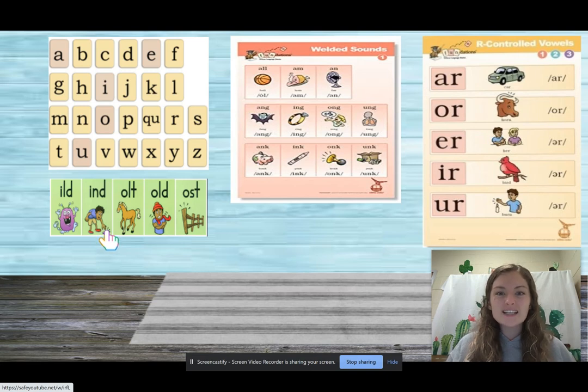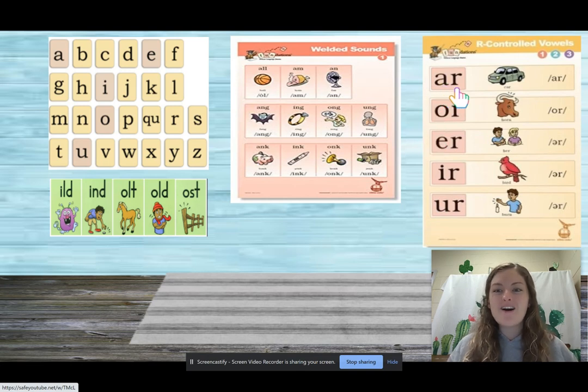IND, find, ind. OLT, colt, olt. OLD, cold, old. OST, post, ost.